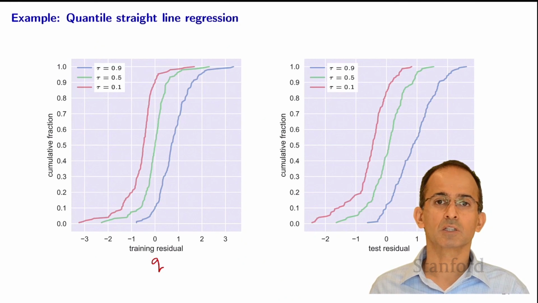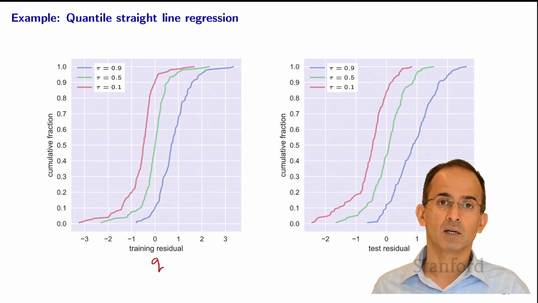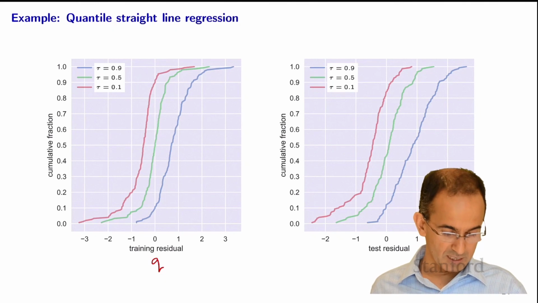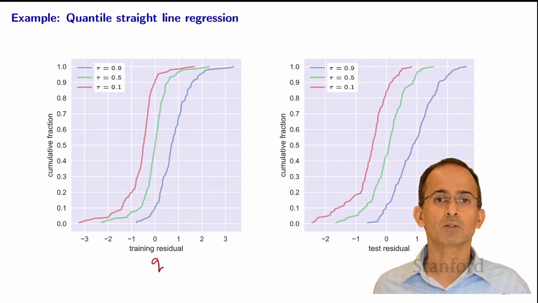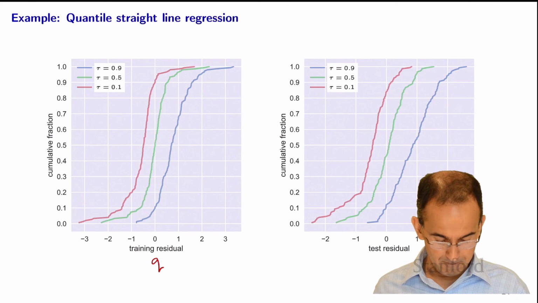One shows the residuals when we've computed the predictor using tau as 0.1, another when we've computed the predictor using tau as 0.5, and a third showing the residuals when tau is 0.9.